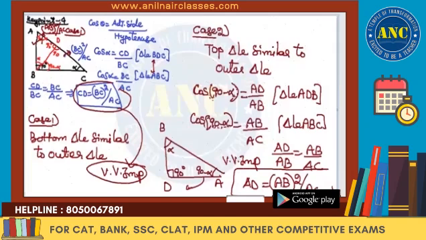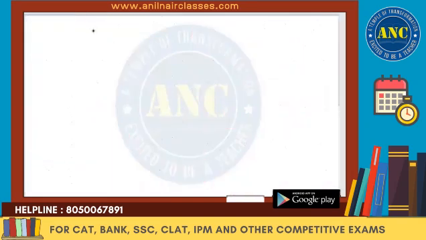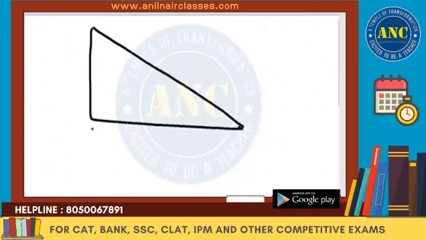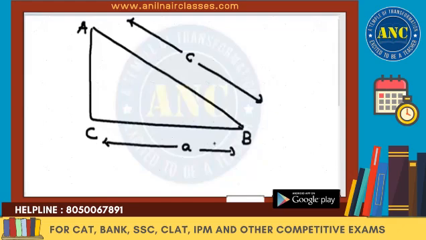In simple language, suppose a right angled triangle is there. This is C, this is A, and this is B. Listen carefully. Why write it with side names? This is the perpendicular, CD is 90 degrees.